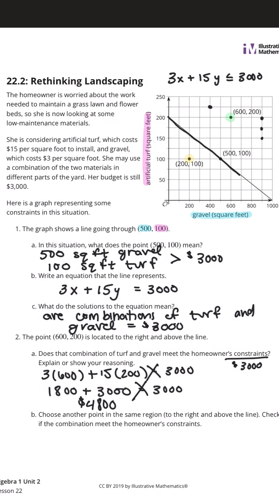So this won't change. But now to show all the possible combinations, I have to shade the part of the graph that is less than or equal to her $3,000 budget. And that would be this part of the graph right here. These are all combinations that cost less than $3,000.